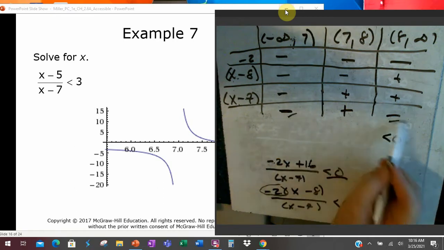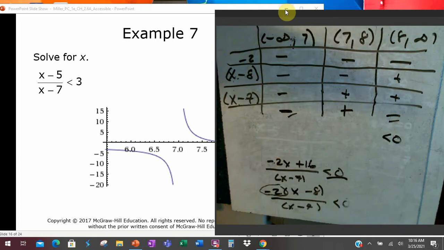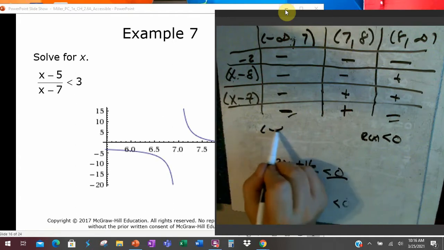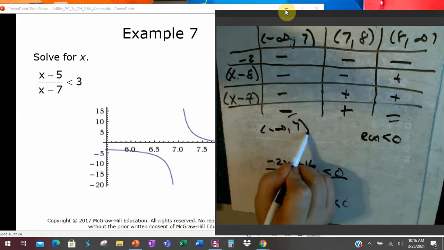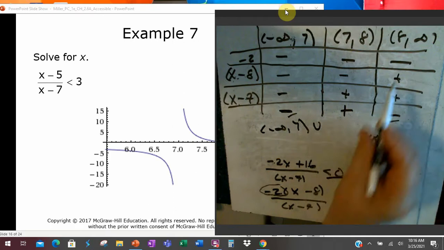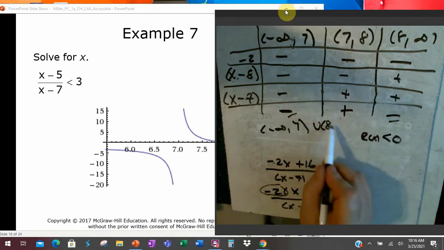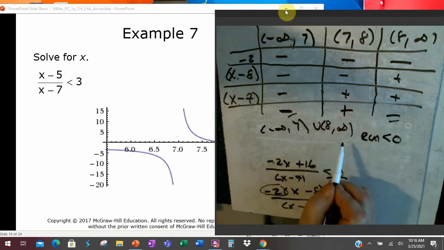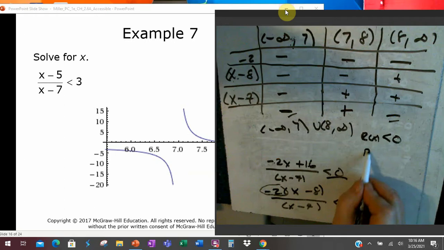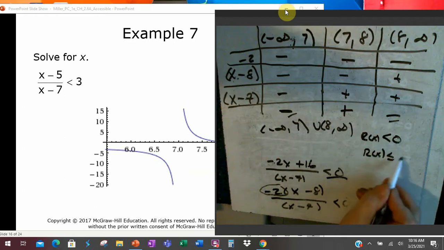This is less than 0, that's less than 0. Okay? So I have my rational function. When is this less than 0? Negative infinity to 7, union 8 to infinity. How about if I had r of x less than or equal to 0?